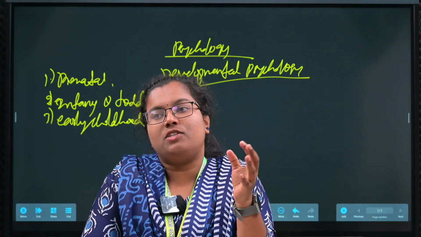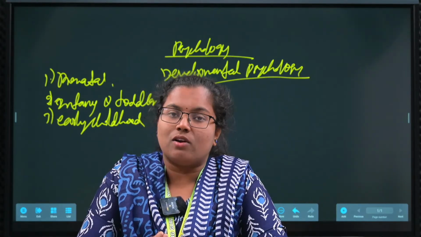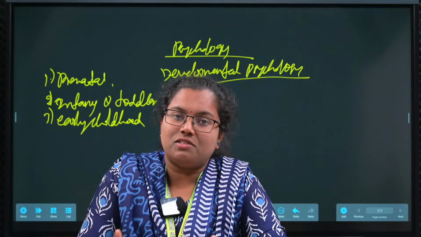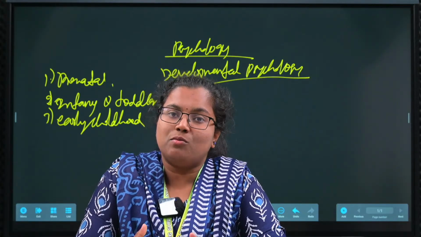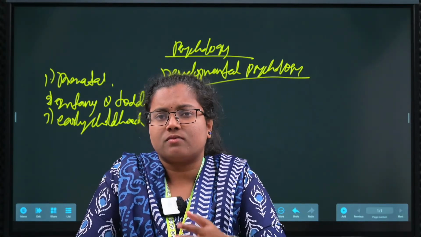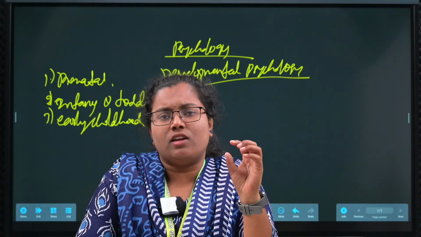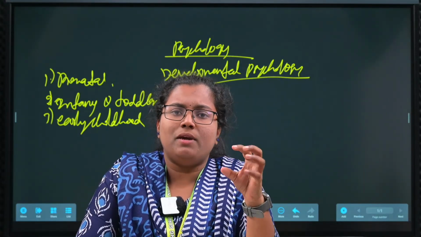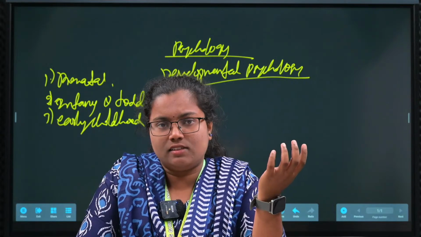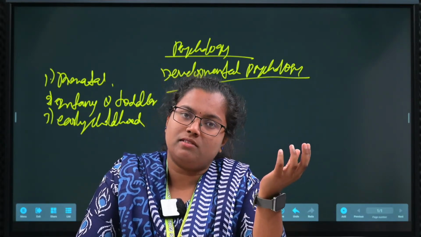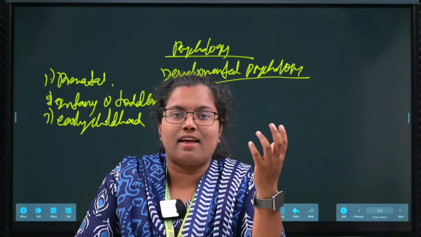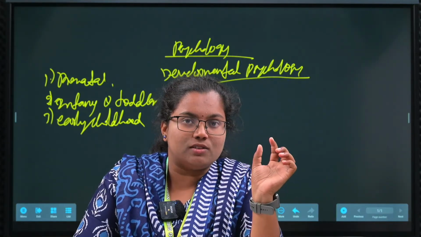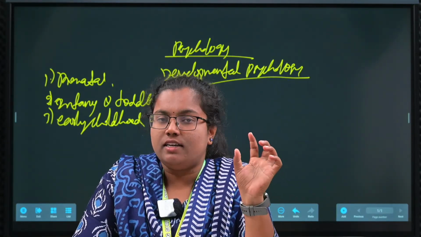The child will participate in games and physical activities. Their sensory motor skills develop here. In early childhood, the baby's motor skills and sensory skills develop, improve and are enhanced. This is early childhood, from 2 years to 6 years.